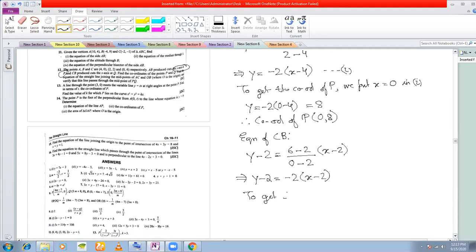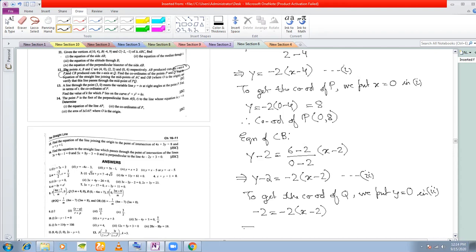To get the coordinates of Q, we put y is equal to 0. So if you put y is equal to 0, you get 0 is equal to minus 2 times (x minus 2).